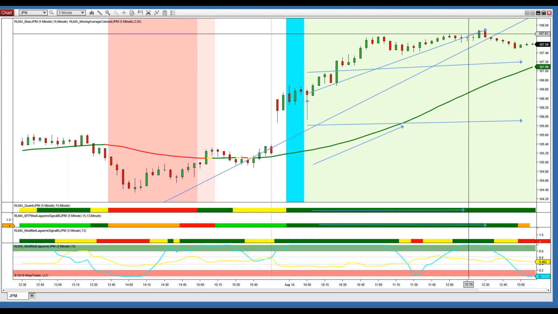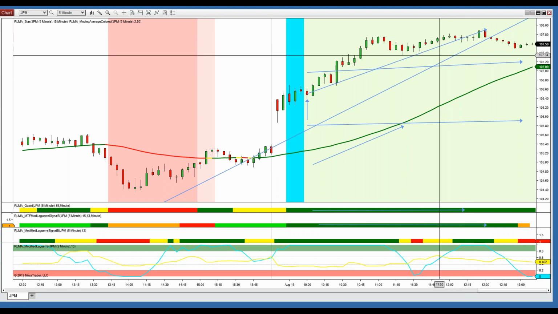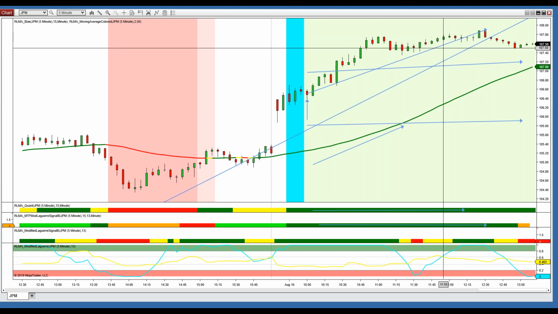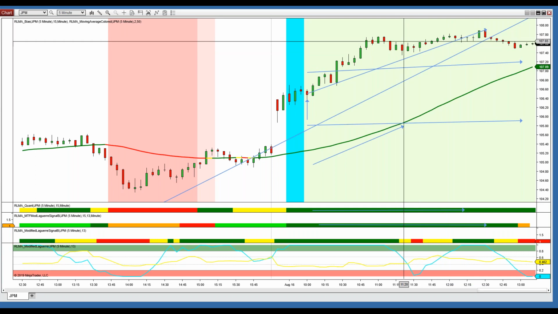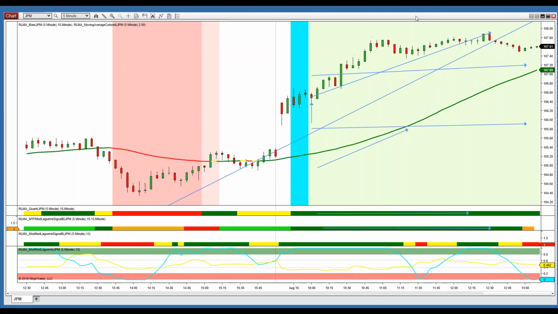And what we're looking for here is a low risk, high reward entry. That's all we care about. Now, this is on a 5-minute, and we can look at any time frame that we like.